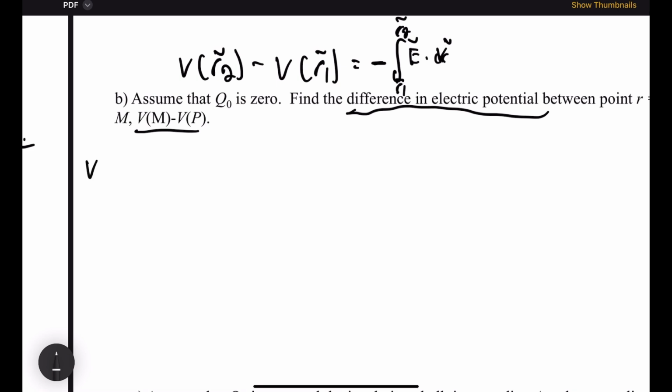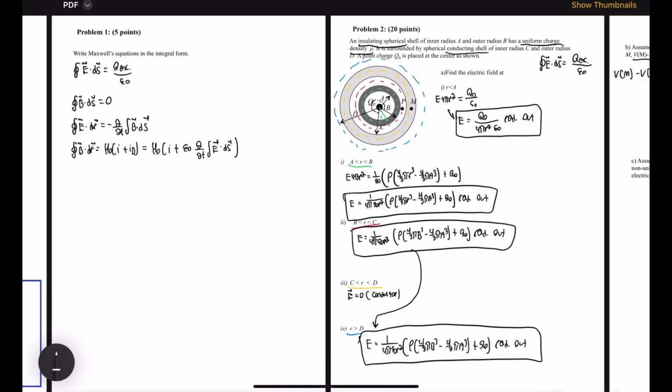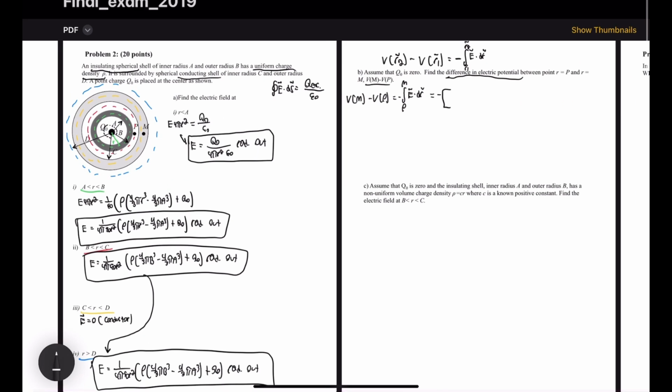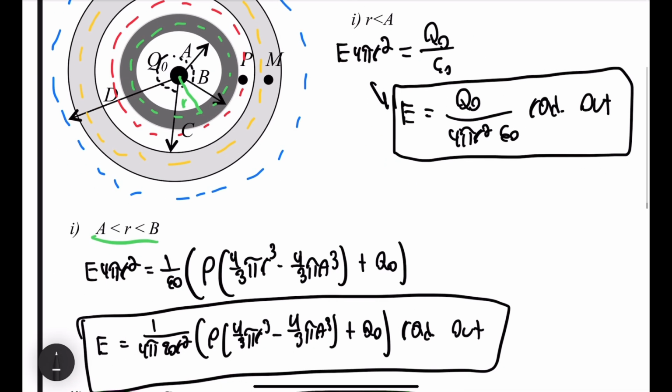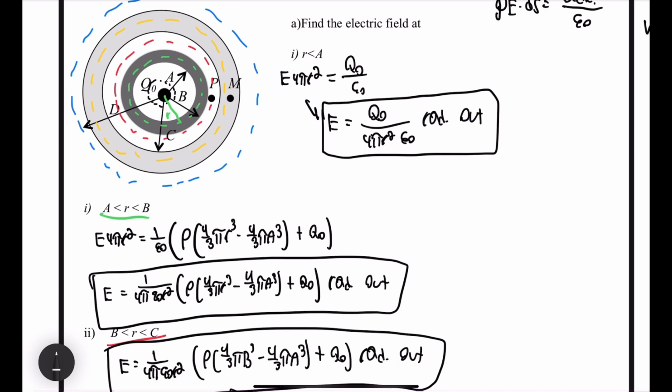So we're going to have V of M minus V of P is equal to the negative integral from P to M of E dot dr. But now we need to break up this integral because our electric field is different for different regions, right? So we start at P. Let's see where P is at. So P is at the region between B and C, right?